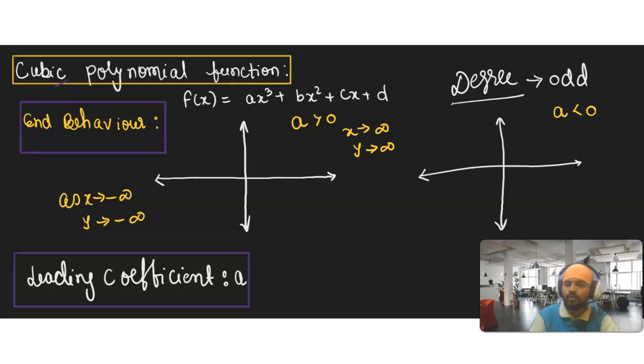So it would go from the third quadrant to the first quadrant, or we can say it has an end behavior of the third quadrant and the first quadrant.